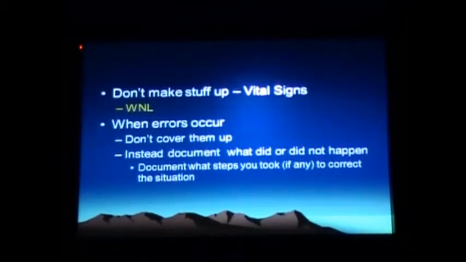Don't make stuff up. Vital signs, and this again was the scenario that we were talking about when you got the engine charting or doing rendering care and debating whether or not they wanted to chart or not, and then the transporting rescue charting. Are the vital signs consistent? And again, you have the luxury, if you guys are both charting, to make sure that they're relatively consistent with each other.